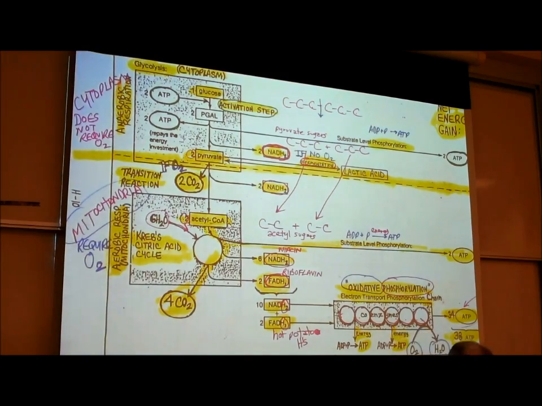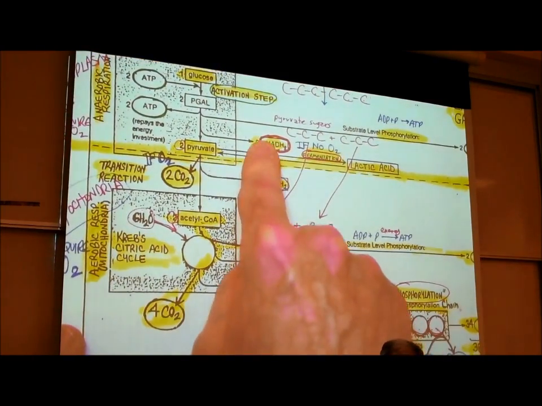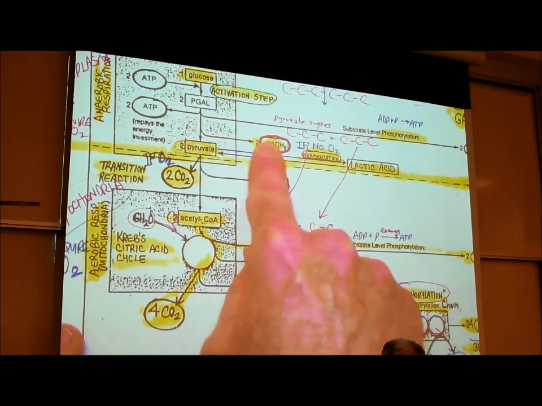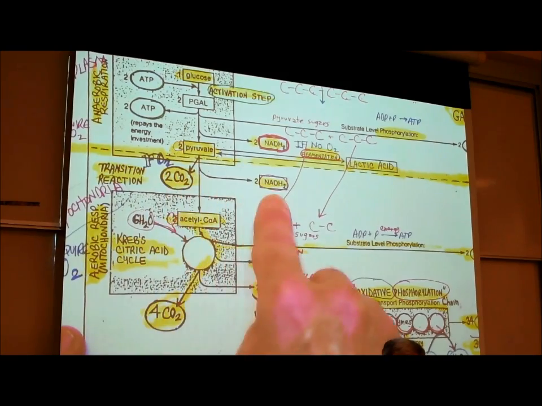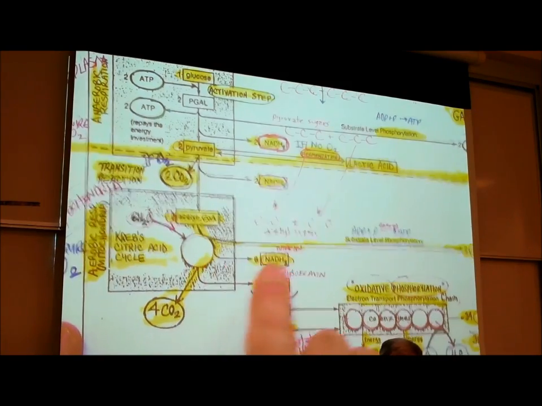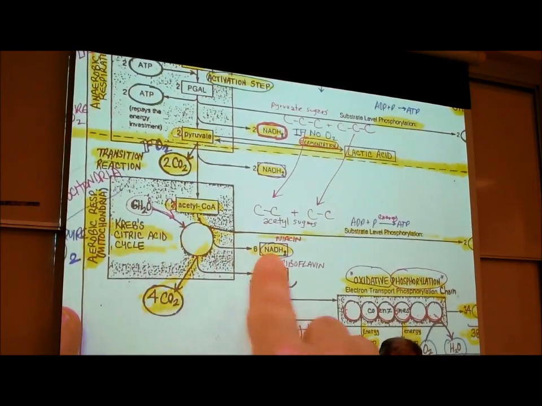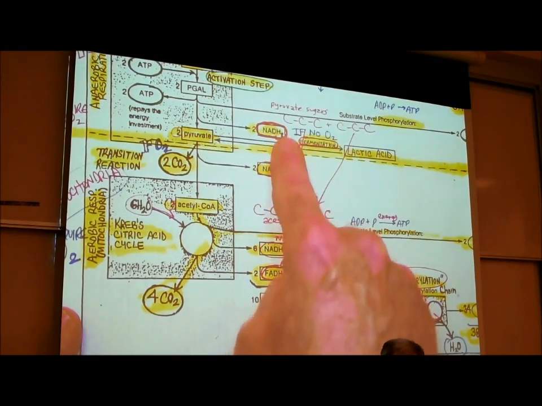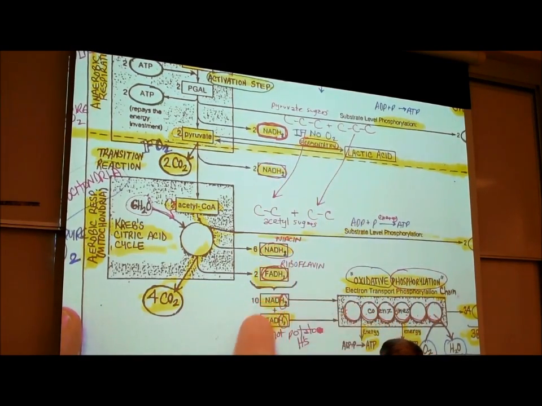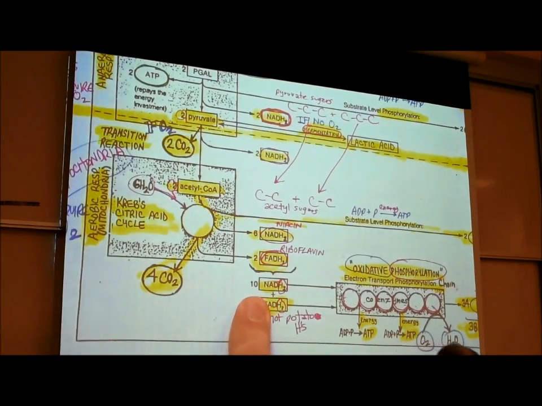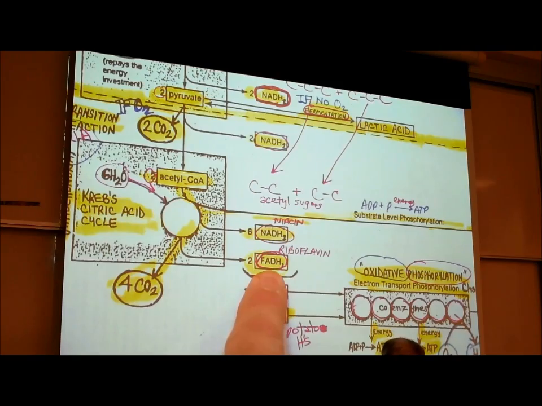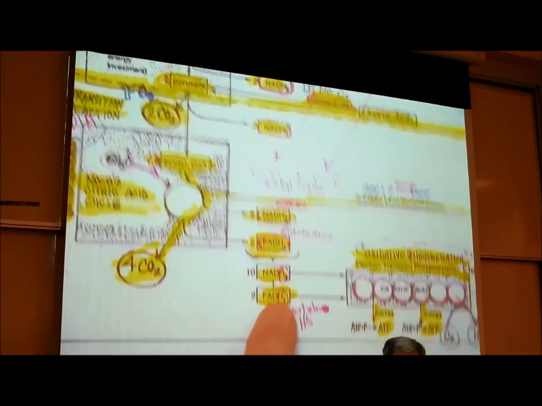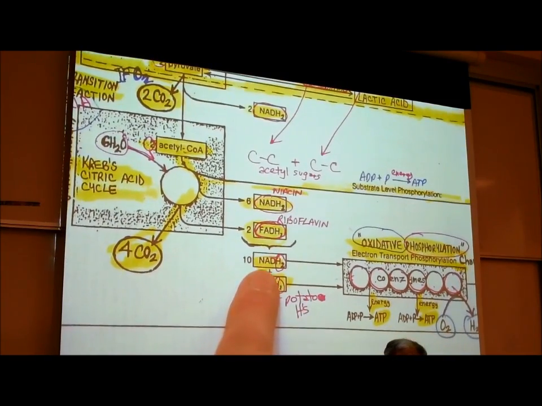So some of us are thinking, how do you get 10? 2 NADs picked up hydrogens in glycolysis. 2 more NADs picked up hydrogens in the transition reaction. 6 more NADs picked up hydrogens in the Krebs citric acid cycle. What's 2 plus 2 plus 6? 10. And that's what's written right here. In addition, 2 FADs picked up hydrogens in the Krebs cycle. So right here we've got a total of 10 NADH2s and 2 FADH2s.